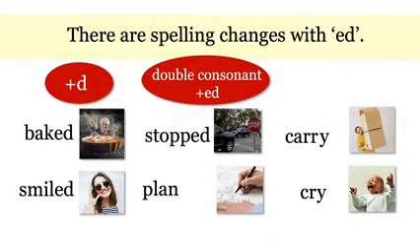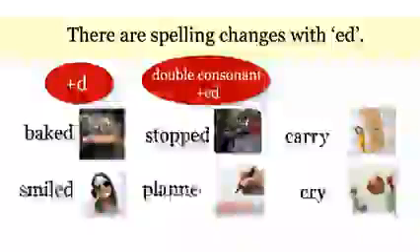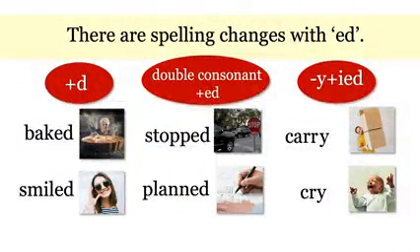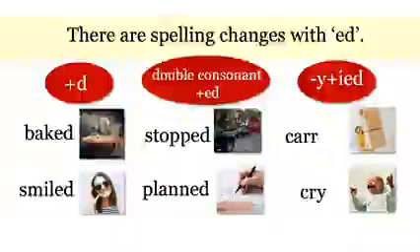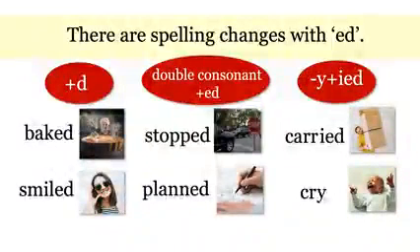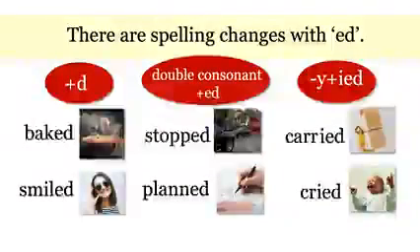Plan gets another n and then an ed. And for others, we drop the y and add ied. Carry becomes carried, and cry, we drop the y, add ied. Let's take a closer look.